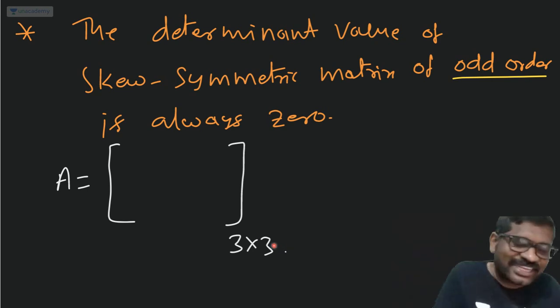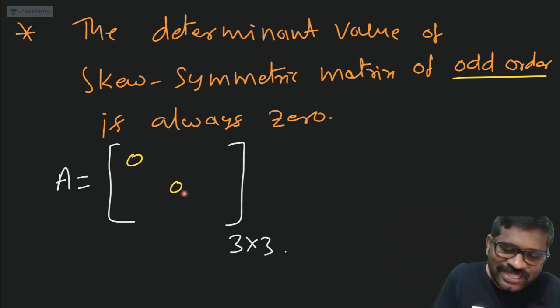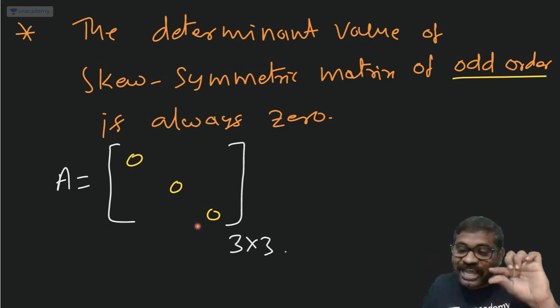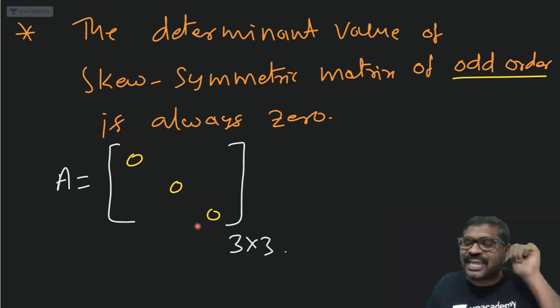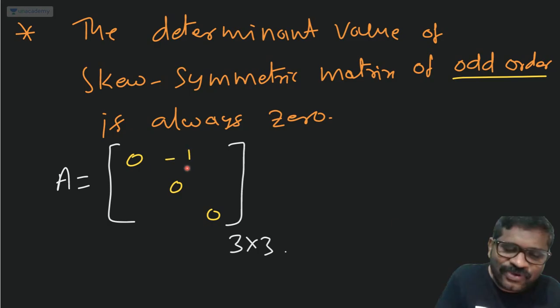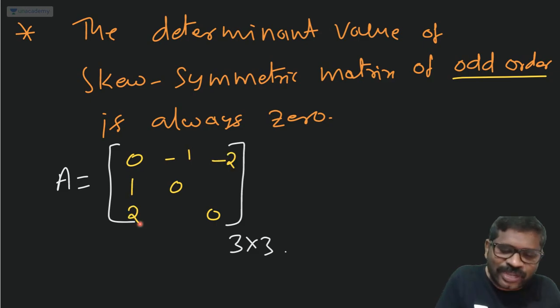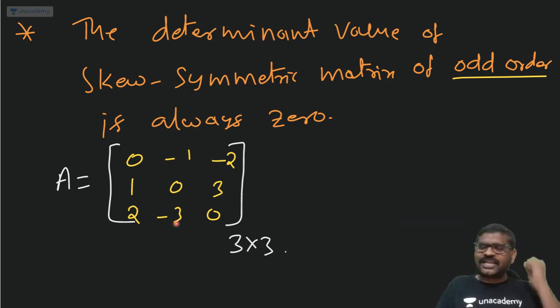Remaining entries have to satisfy one condition: Aij equal to minus Aji. So if you take minus 1, you have to take plus 1. If it is minus 2, you have to take plus 2. If it is 3, you have to take minus 3. Clearly, Aij equal to minus Aji for all i, j.